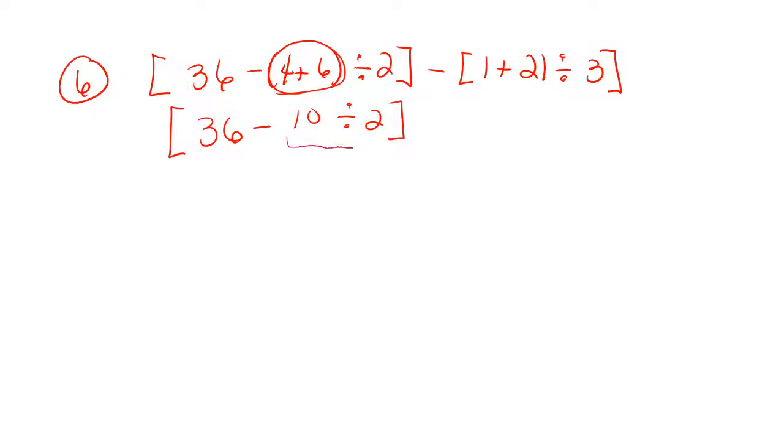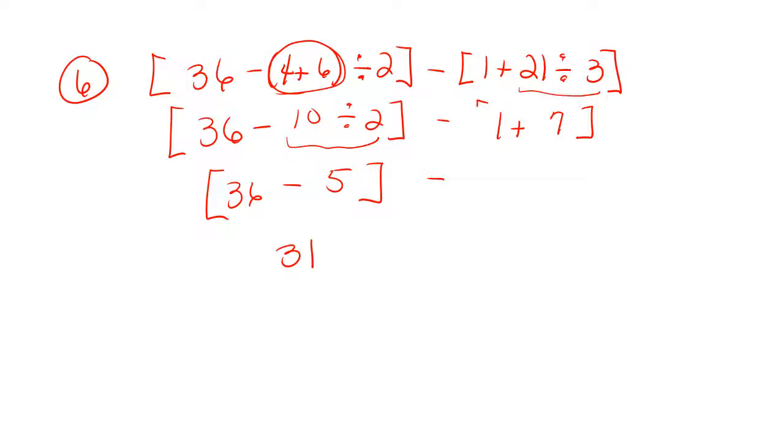Then division would come before the subtraction in that first bracket. 10 divided by 2 is 5. 36 minus 5 is 31. In the second bracket, division must come before addition, so that would be 7. 1 plus 7 is equal to 8, and 31 subtract 8 will give me 23.